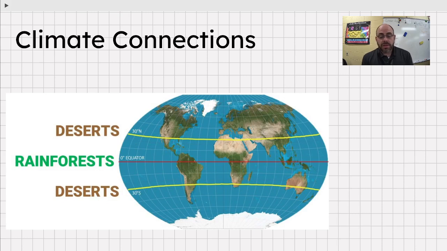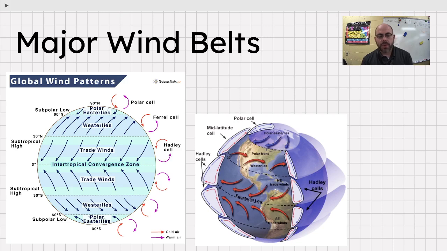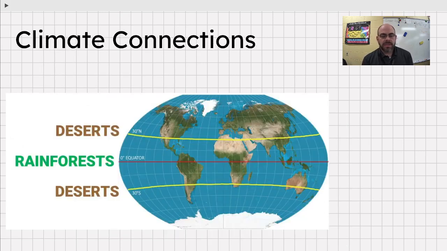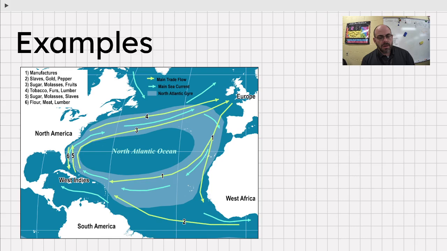You see that in Russia, Canada, and North America, and you see the deserts there in western North America. We're going to talk about that in a later video. So these wind belts and air cells definitely affect climate, precipitation, temperature, all of those things.